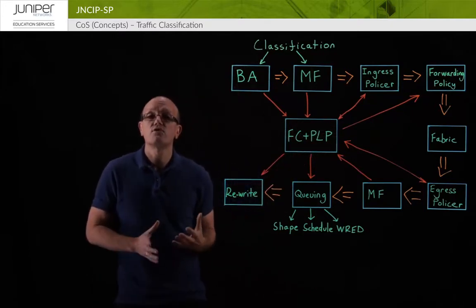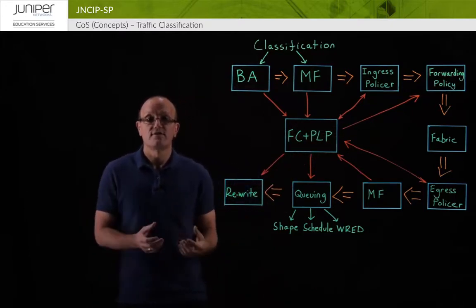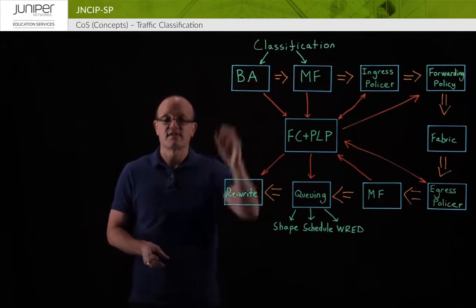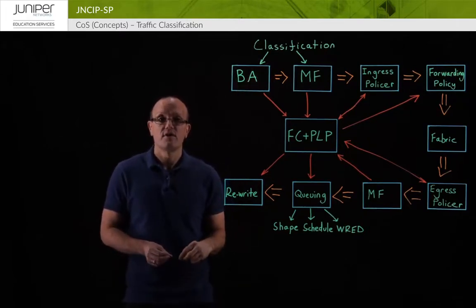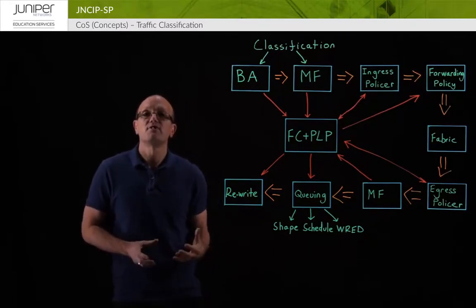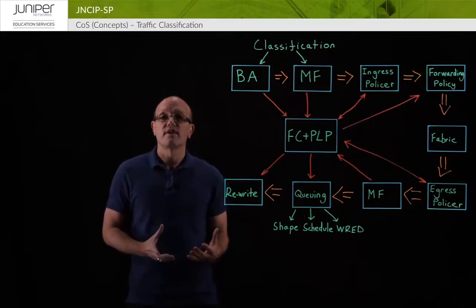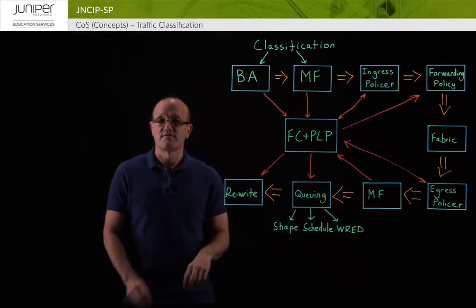And there are only a small number of values that we are setting that behavior aggregate classifiers are analyzing. So this is much less resource intensive in the forwarding plane, so is much better suited to core devices that are passing large volumes of traffic.